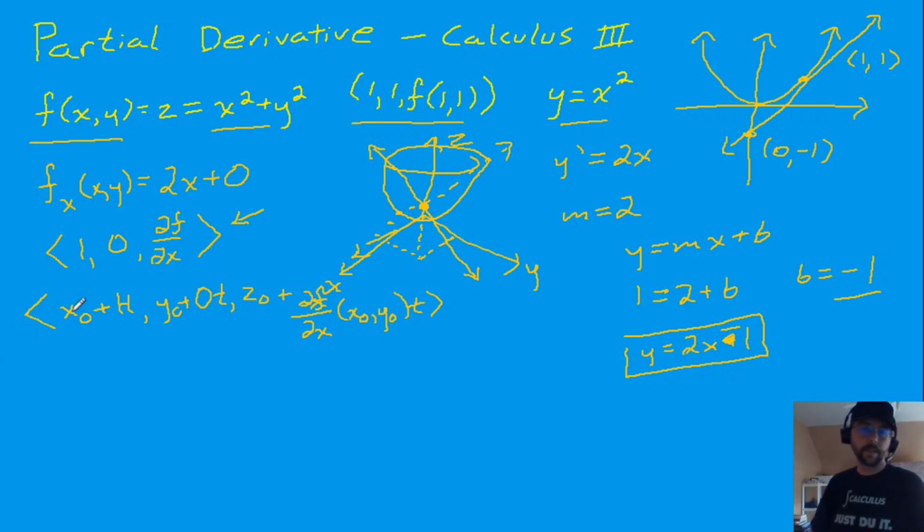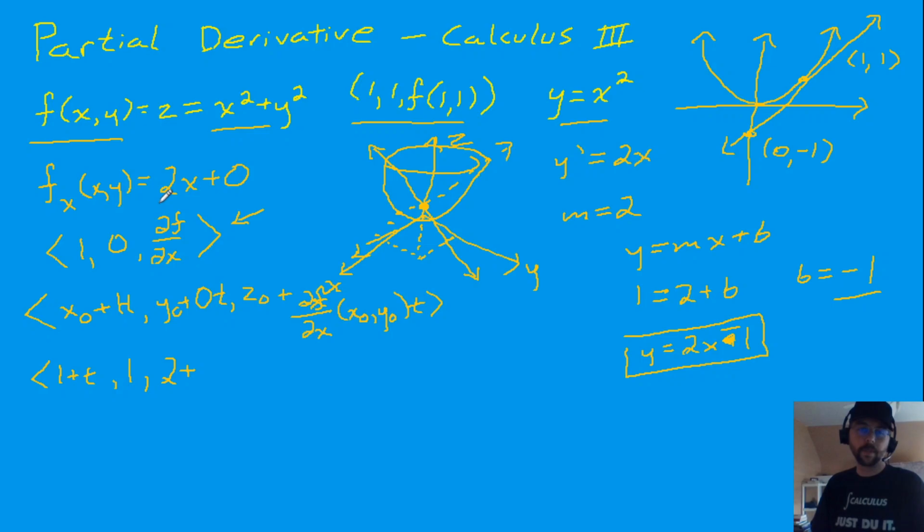And let's go ahead and do that. So our starting x value was 1, so this will give us 1 plus t. Our starting y value was also 1, so this is 1 plus 0t. Our starting z value was 2. When we plug 1, 1 into our function, we get 2, plus now the partial of f with respect to x, plugging in x0 and y0.